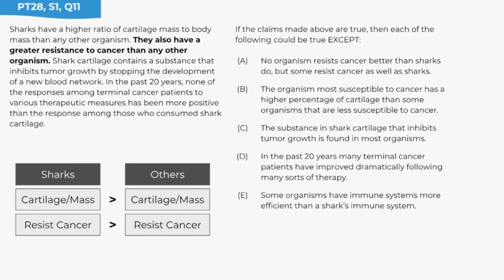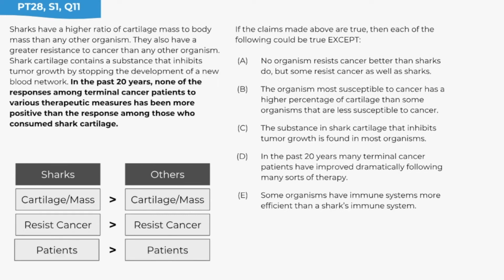Then the third statement says that shark cartilage contains a substance that inhibits tumor growth by stopping the development of a new blood network. Well, this is not exactly a comparison. It's telling us how their cancer resistance works, but it's not comparing sharks against others. And that third statement is actually probably fluff. So let's move past it and look at the last statement.